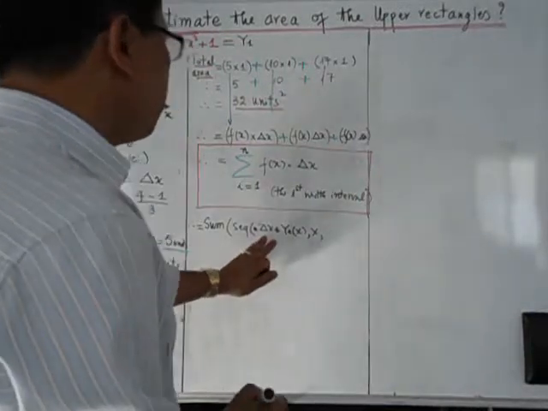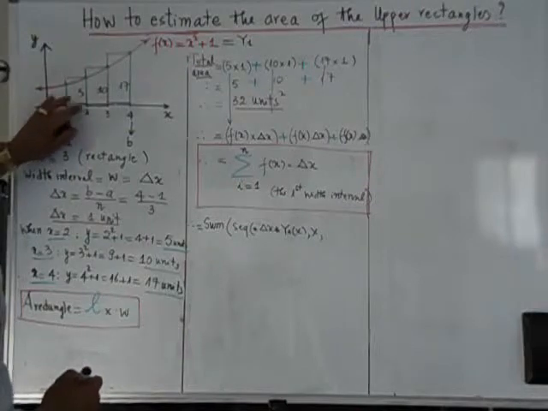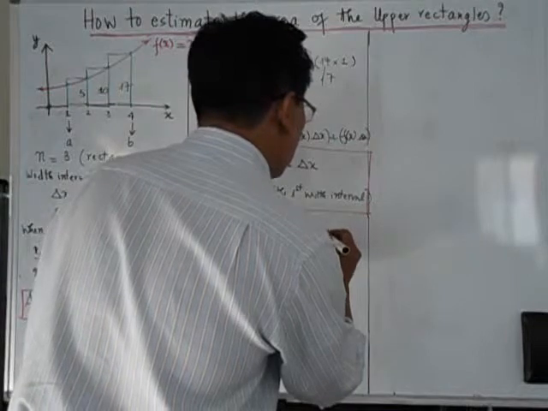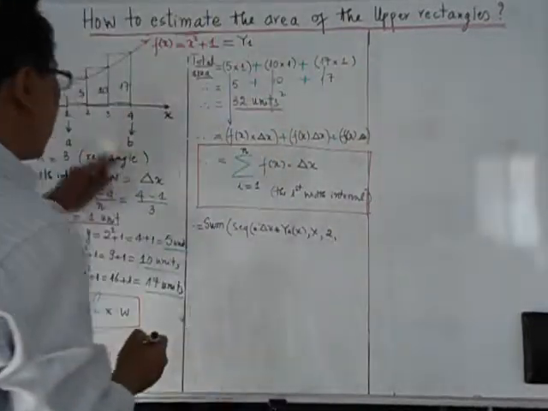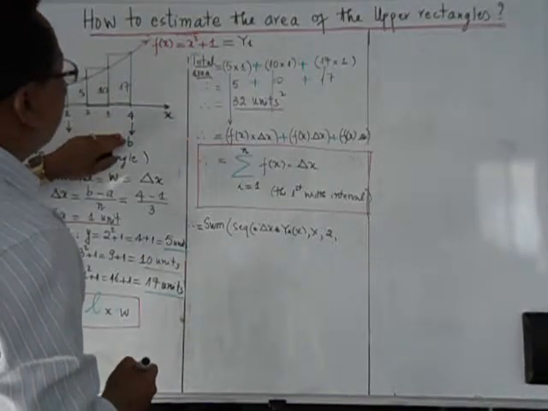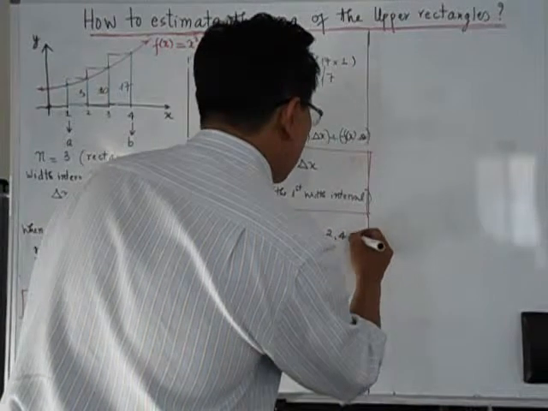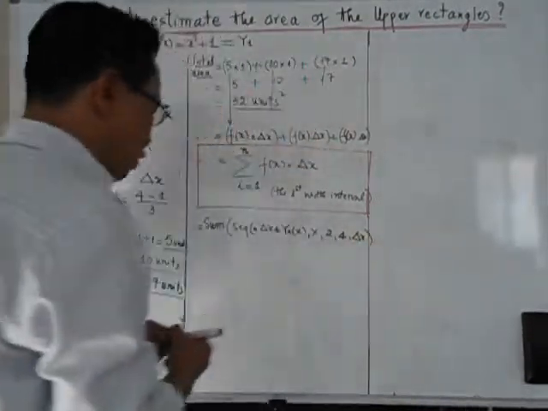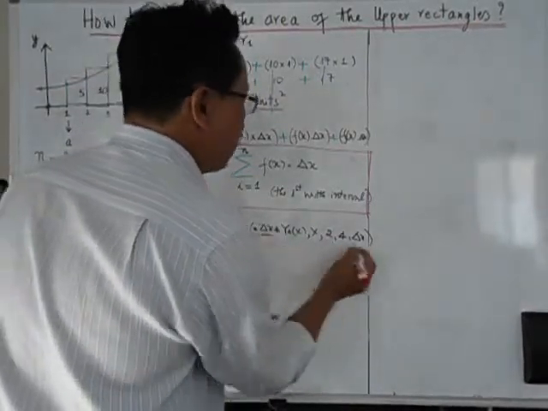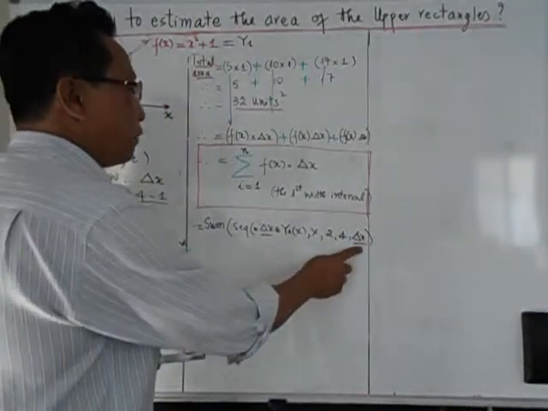We can see the first interval stops at number 2, so we write 2 and stop at 4, which is B here, and then the delta x. So we have to write delta x twice, here and there.